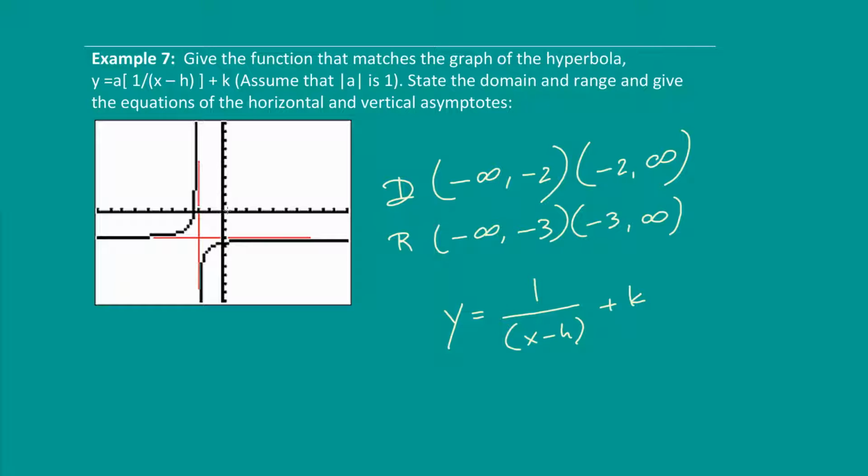Well, we had shifted to the left 2, so this is going to be minus -2, which is going to be x plus 2, and we had shifted down 3, so we'll subtract 3. So that's how we're going to transform the parent graph for our inverse function and identify the domain and range for those functions as well.